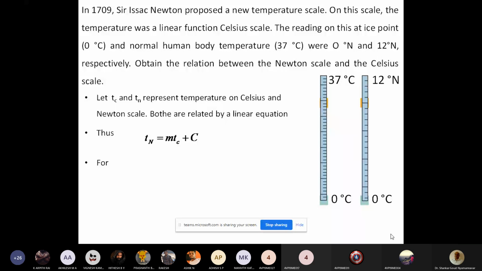Similarly, you have angle. One full circle means 360. Why should it be 360? It can be anything, but it's a convention followed from the beginning, and we are also following it. These questions cannot be answered. Like you drive on the left side, it's a convention, a British system.